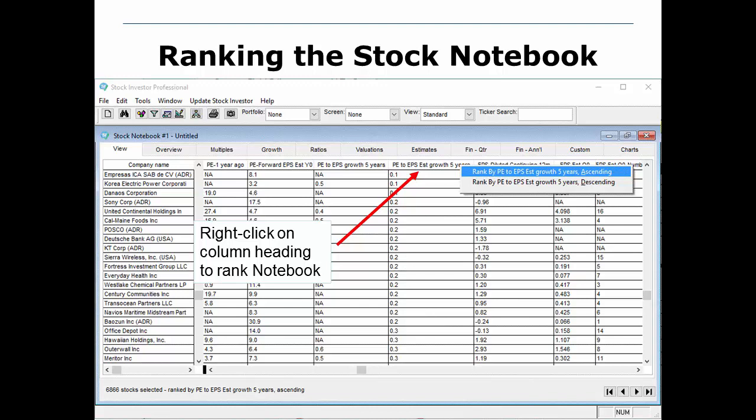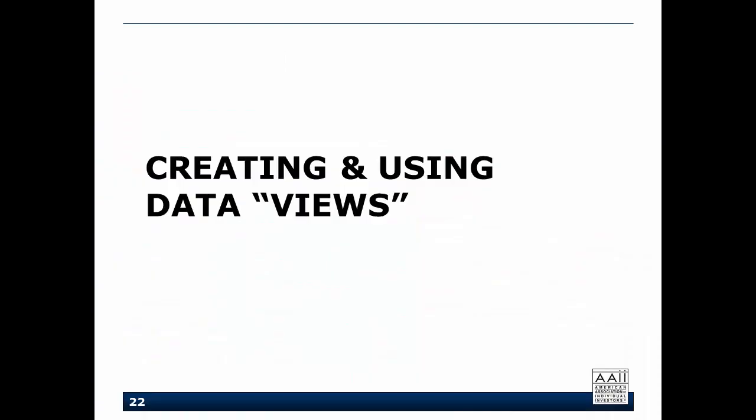So in this case, if you want to rank by PE to EPS estimated growth 5 years, you have to have a view loaded that has that data field in it. Otherwise, you would have to go to the previous slide that I used, Tools, Rank, which will allow you to rank on any of the data fields, not just the ones in the view that's currently loaded.